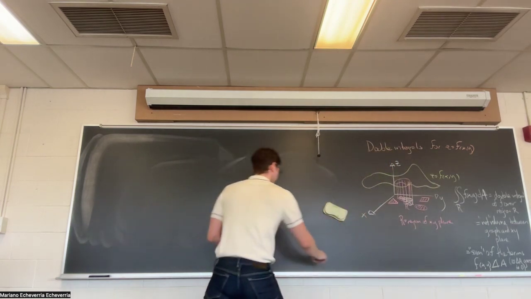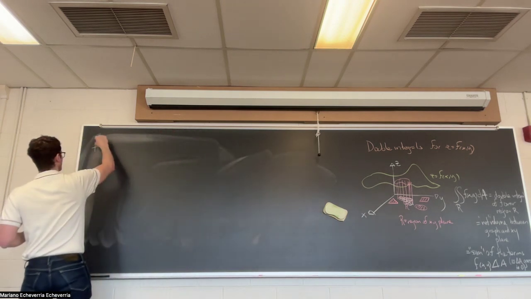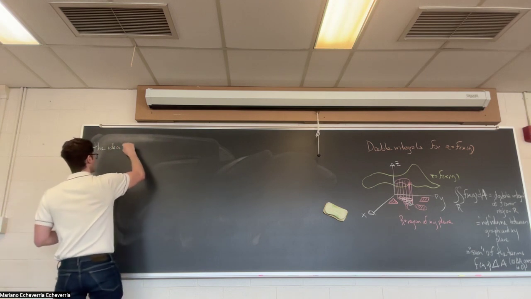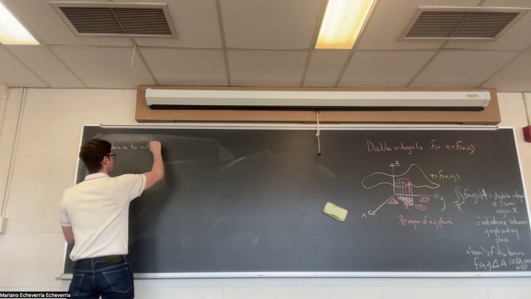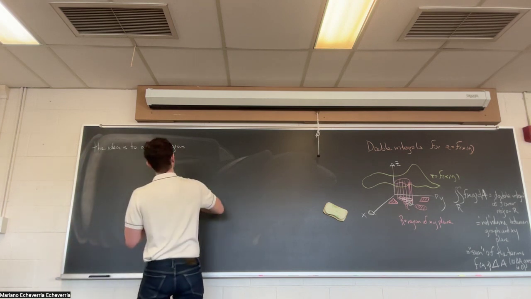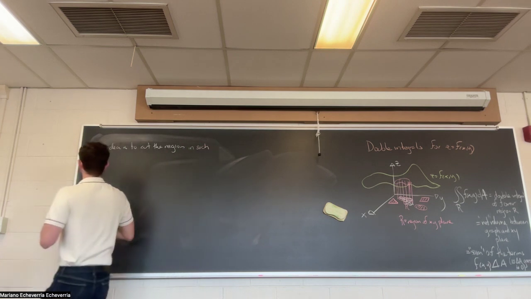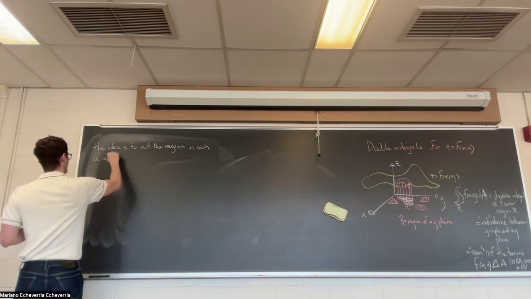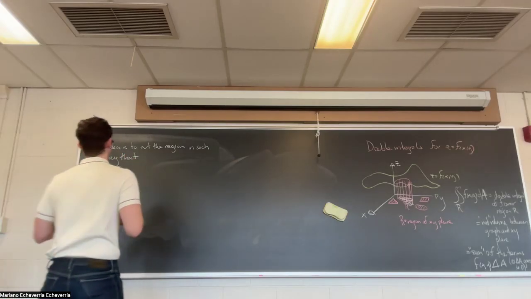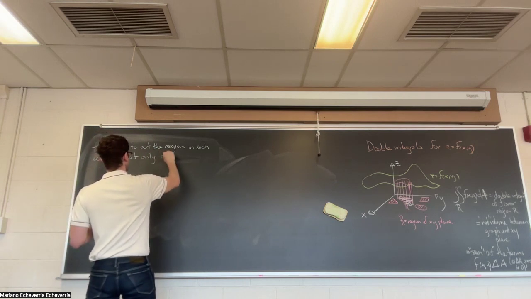So the idea is just to cut the region in such a way that only one variable changes, only one of the two variables.